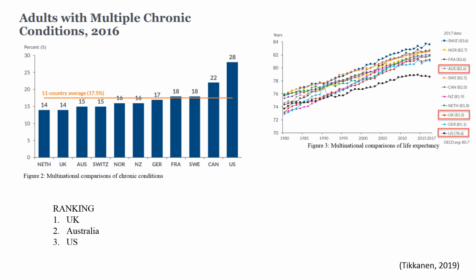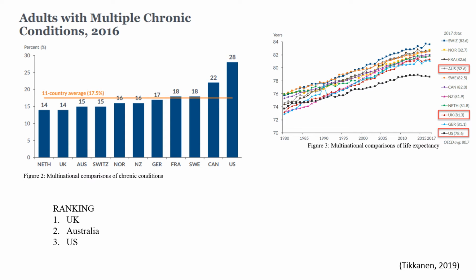In terms of ranking, I want to rank right now in terms of what we just talked about, which is disease management. I would rank UK number 1, Australia number 2, and the US third. And my reasoning for that is, if you look at this graph right here, which is comparisons of chronic conditions, the UK has got the lowest, followed by Australia, and look at the US.